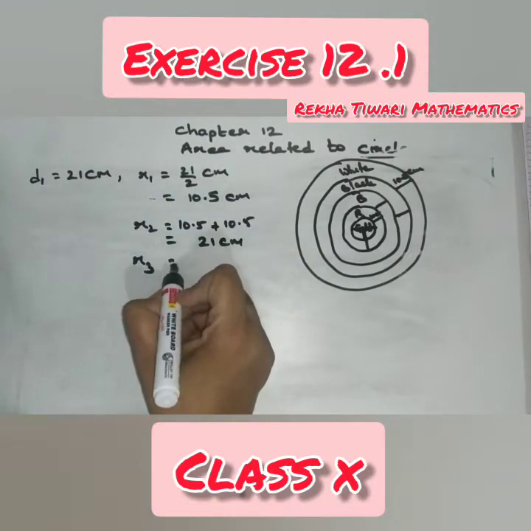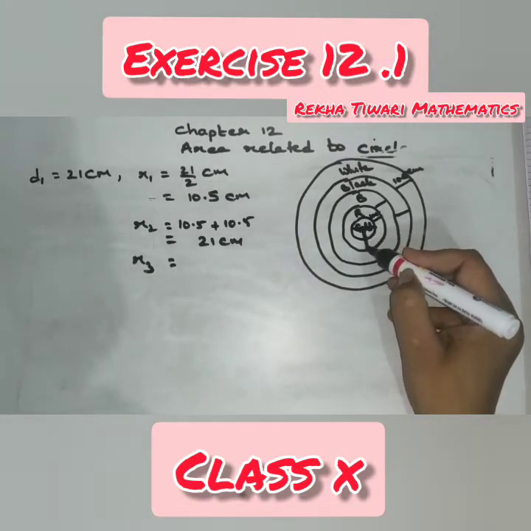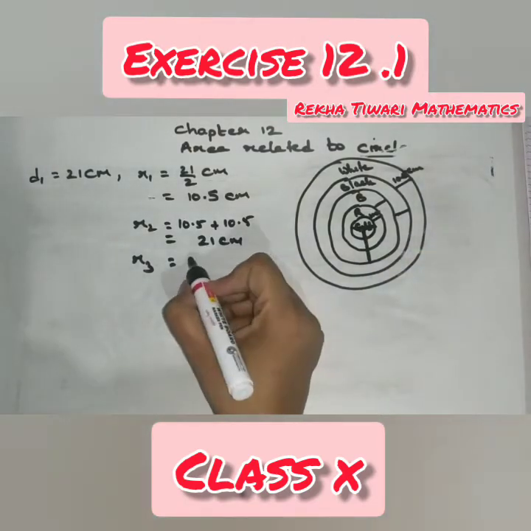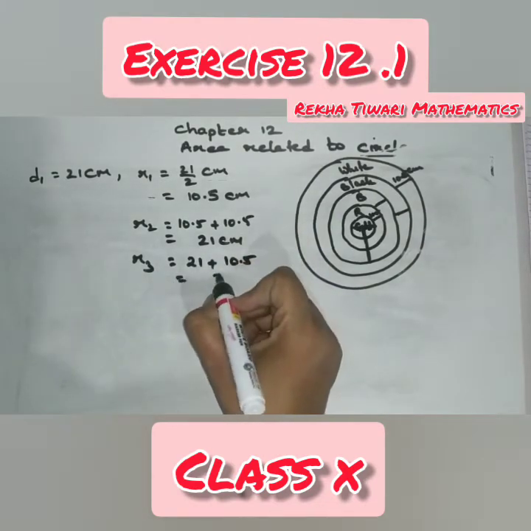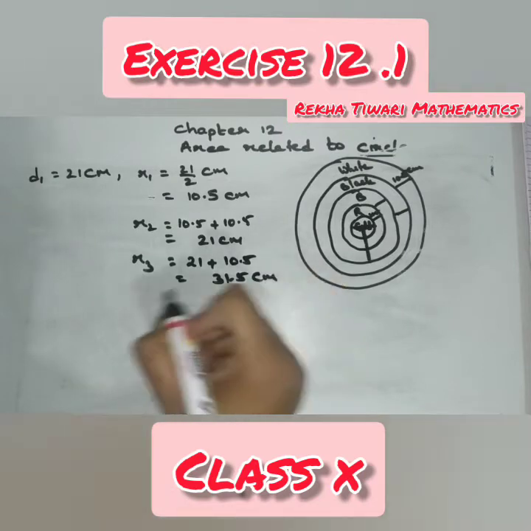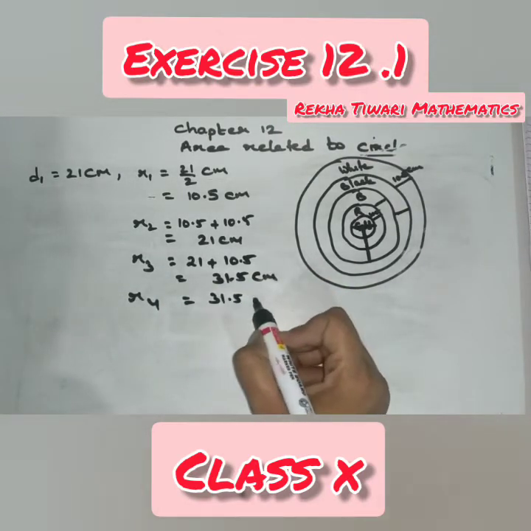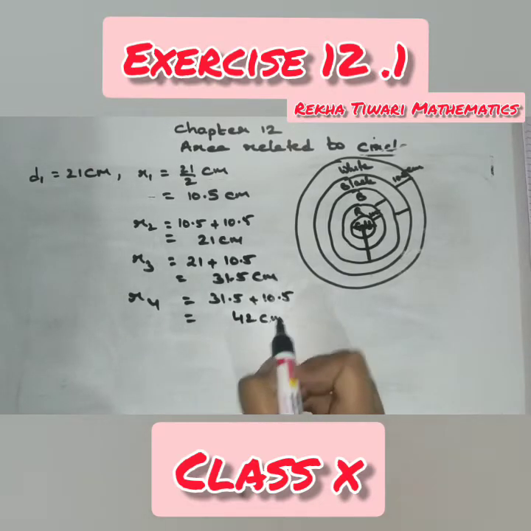Similarly, if you come to R3, R3 is radius of the second circle plus the width. That means 21 plus 10.5, which is 31.5 centimeter. R4 is 31.5 plus again 10.5 the width, which is 42 centimeter.